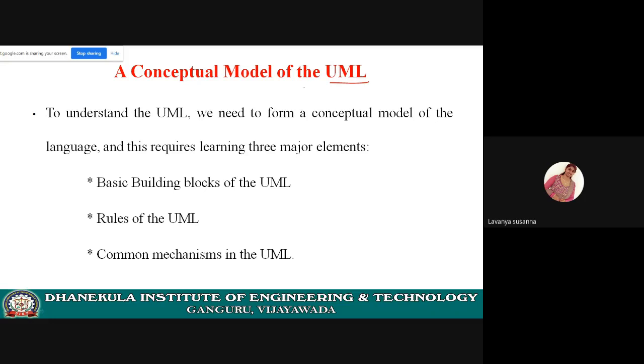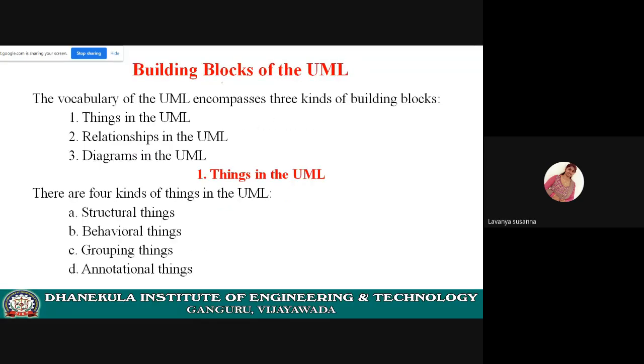Now let us see the basic building blocks, rules and common mechanisms. First, let us see the basic building blocks of UML. I hope you understand what is UML, which is used for modeling purpose. These are the basic things you need to understand.